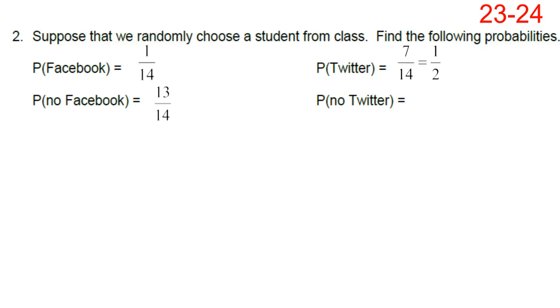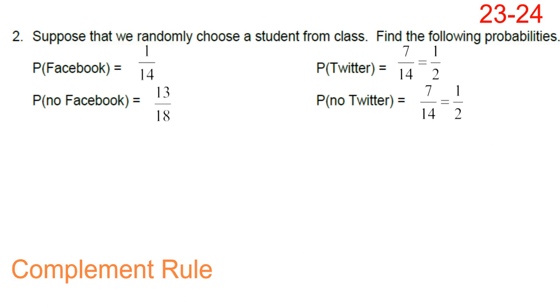And our no Twitter users was a total of 7. That's coming from the second column in our table. And so again, 7 out of 14, that's a 50% chance. Now remember, these are the complement rule, looking at the chances of people using each of those apps.